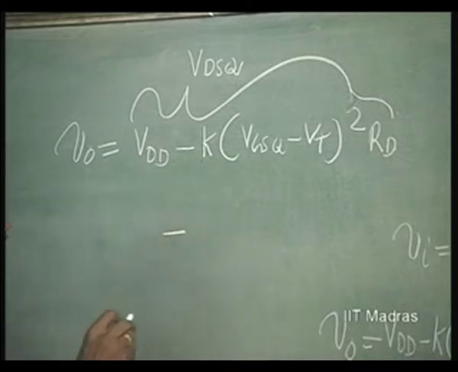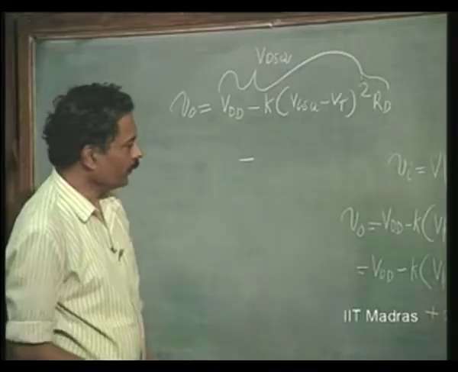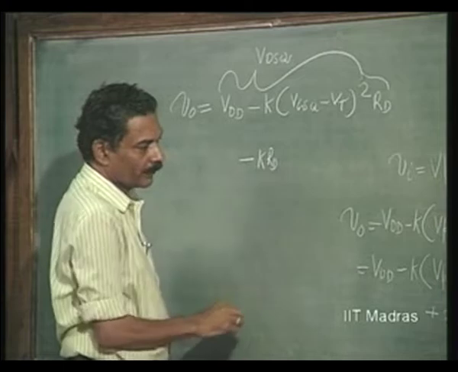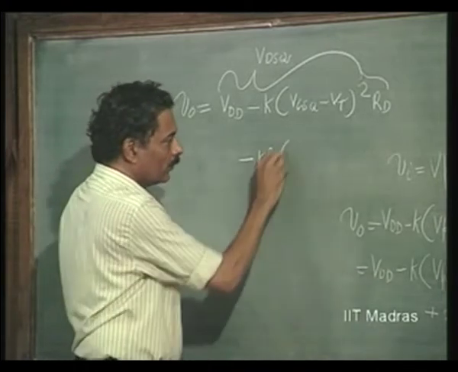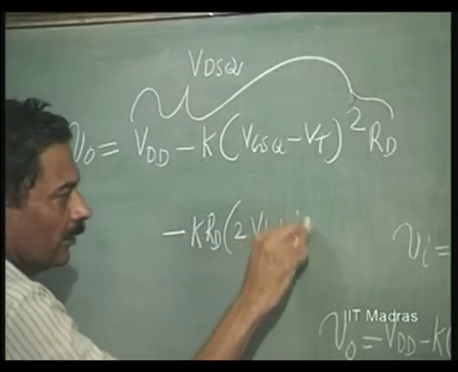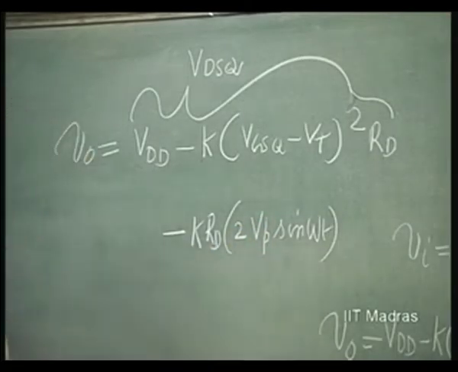So, minus, let us take the useful component here, k times Rd times 2 Vp sin omega t, which is the linear term, because we had applied only sin omega t, we would like this to be amplified and appear as a sin omega t term.